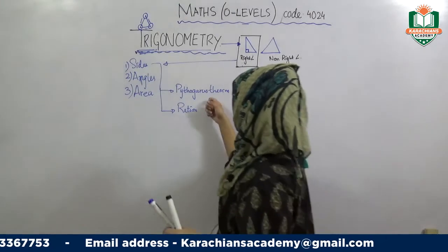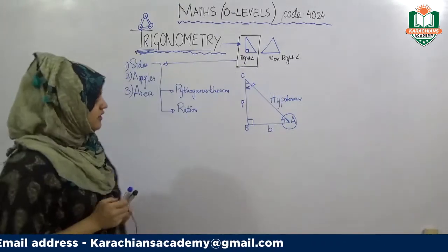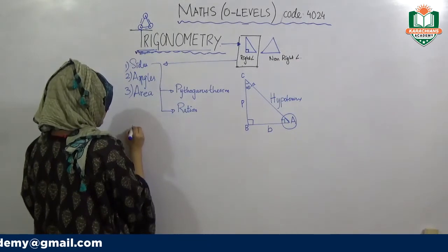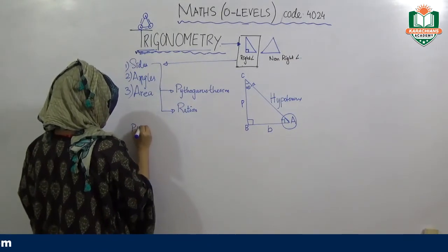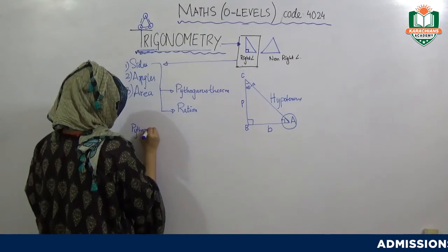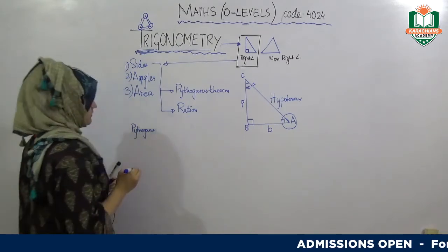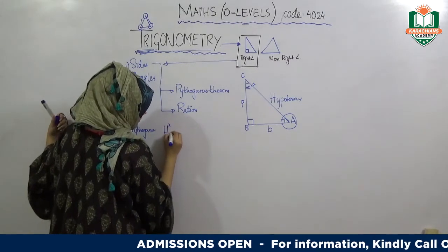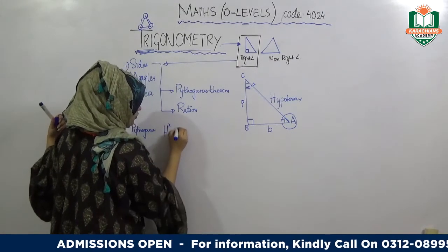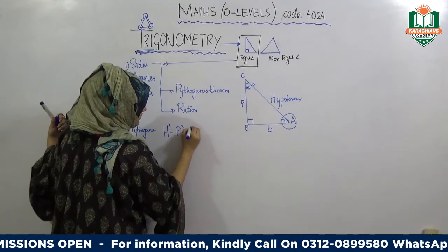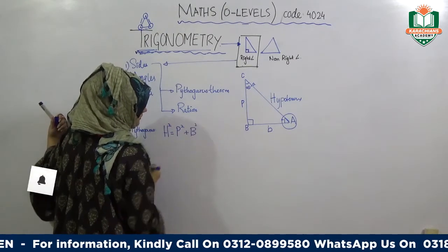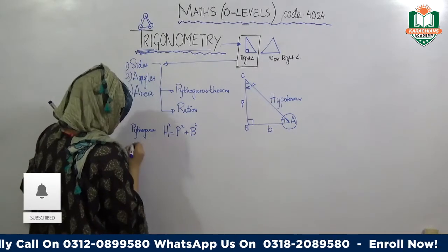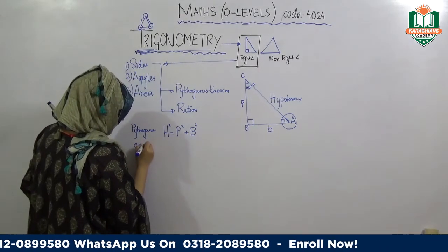So how do we find a particular side using the Pythagoras theorem? It's h squared, meaning hypotenuse squared, equals perpendicular squared plus base squared. Let's consider an example.